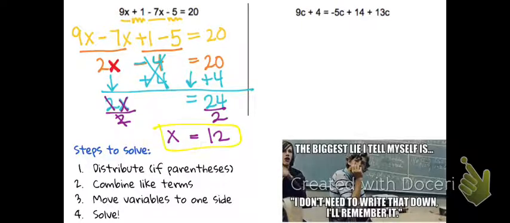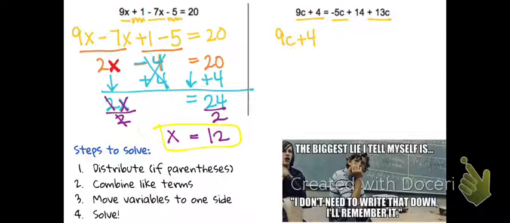If we look at the one here on the right, notice again, there's no parentheses, we don't need to distribute. If we look at each side of the equal sign, on the left side, there's no like terms to combine, so we can just leave that. But on the right side, we do have some like terms. Notice that the minus 5c and the 13c are like terms.